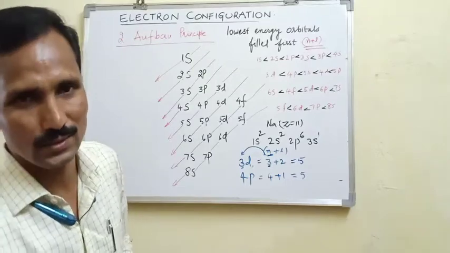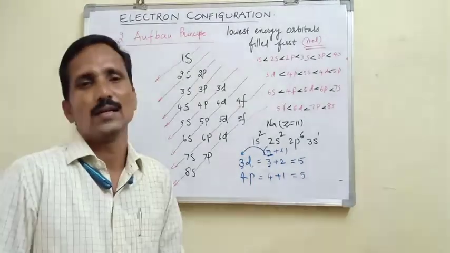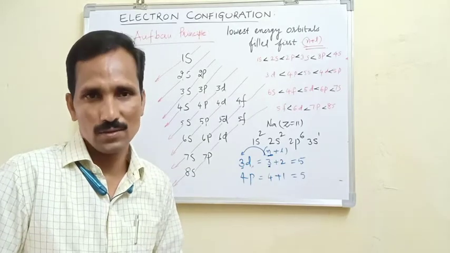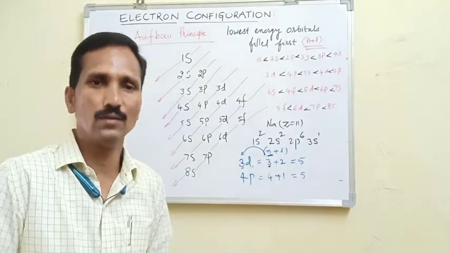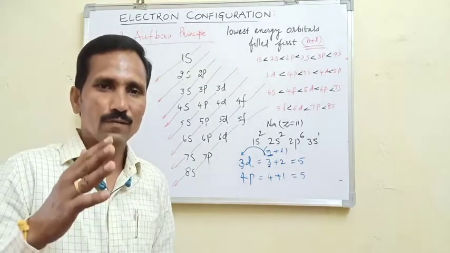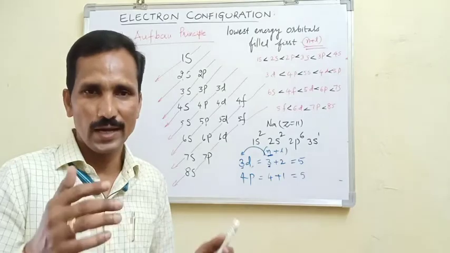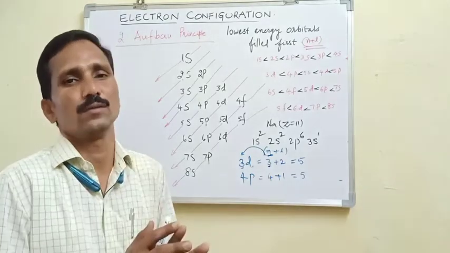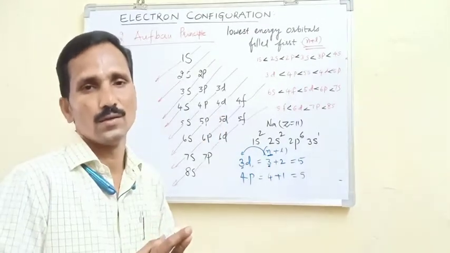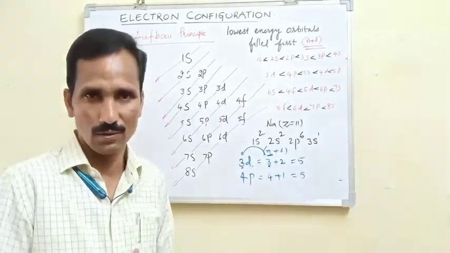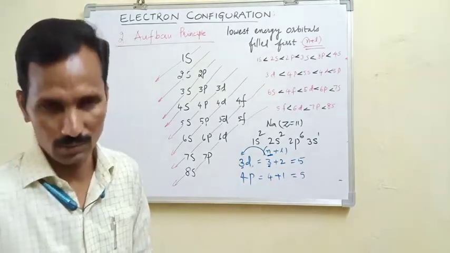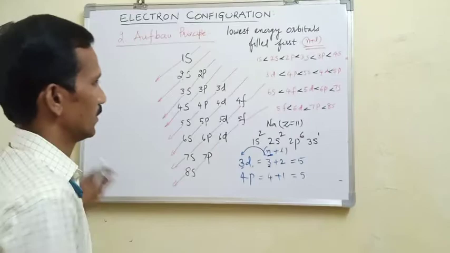The Aufbau principle states that in the ground state, electrons will fill the lowest energy orbitals until the number of electrons we can add equals the atomic number. The electron configuration can be built up from the lowest energy level orbital up to the atomic number. This is the Aufbau principle.